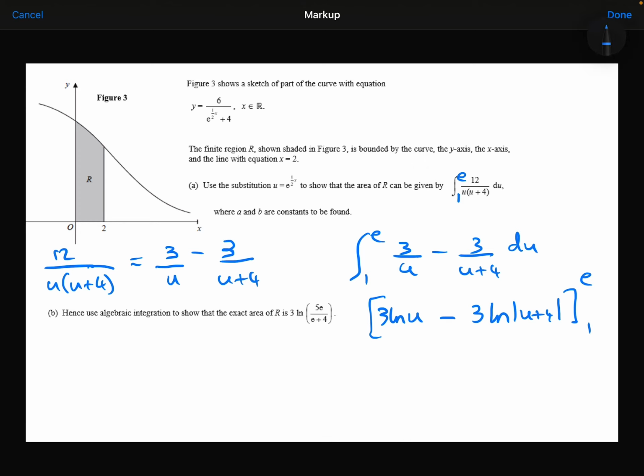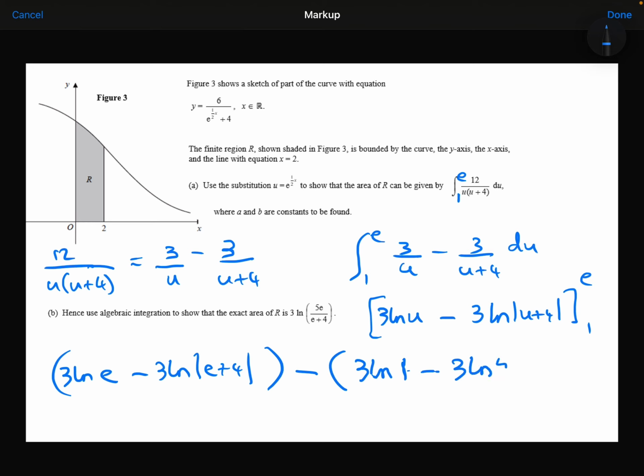Substituting the limits in then, so the upper limit is e, so we'll get 3 ln e minus 3 ln e plus 4. Now substituting the lower limit in, which is 1. So 3 ln 1 minus 3 ln 1 plus 4.